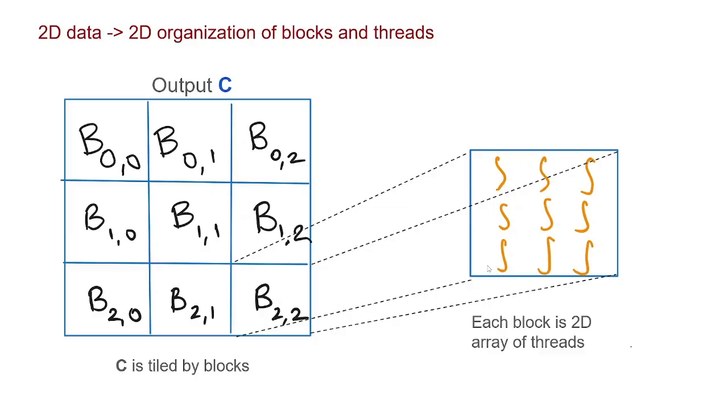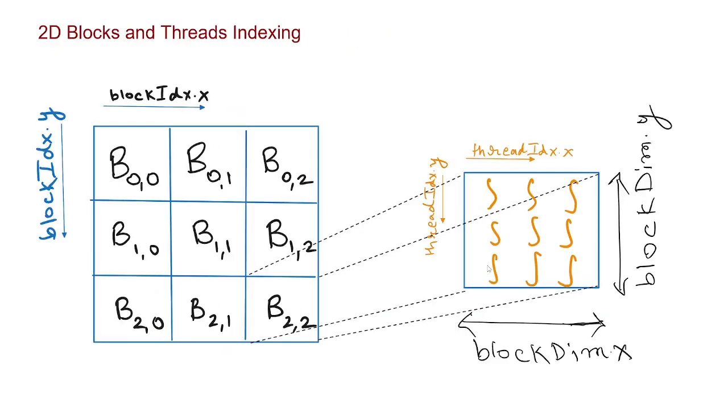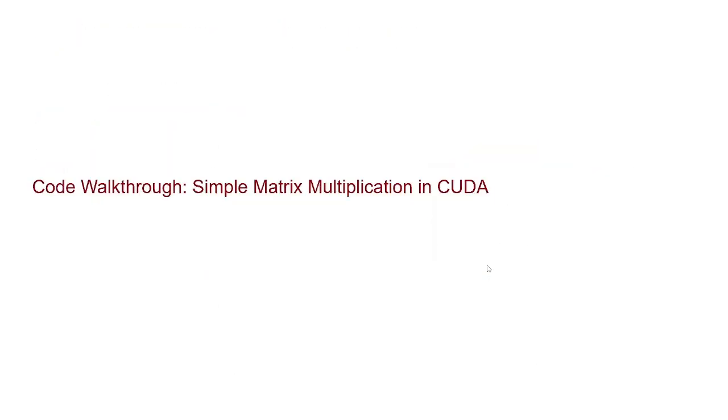So for instance, with an array, maybe a 1D arrangement. With images, it's more natural to think of a 2D arrangement of threads and blocks. And let's say if there is some molecular simulation in space, maybe voxels, they map better onto a 3D arrangement of blocks and threads.